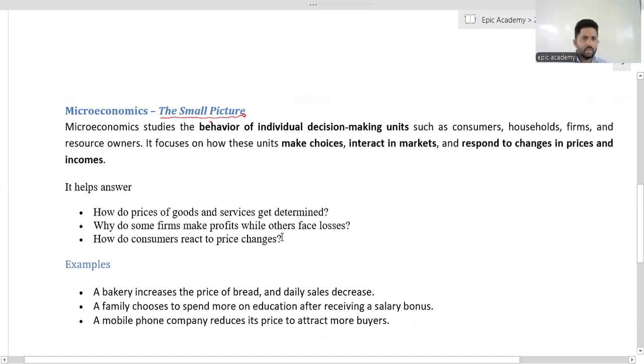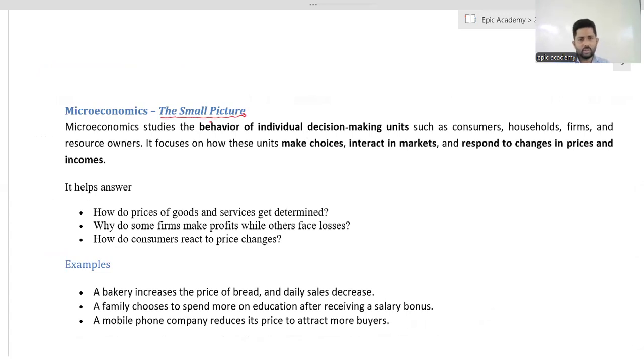Microeconomics studies the behavior of individual decision making. It's not about the whole things. It describes small things. It's not about each and every commodity.